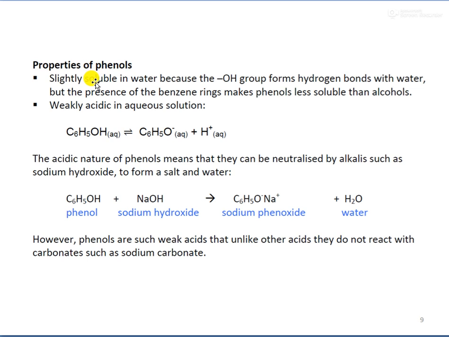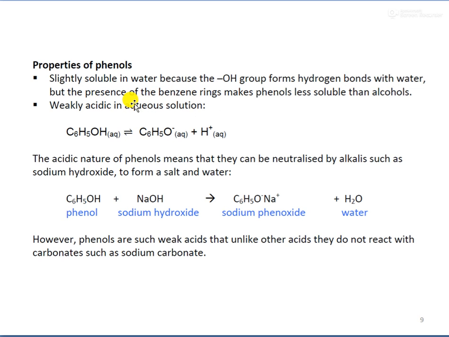Let us revise the properties of phenols. Phenols are slightly soluble in water because the OH groups can form hydrogen bonds with water, but the presence of benzene rings makes phenols less soluble than alcohols because the benzene ring is the hydrocarbon part of the molecule.